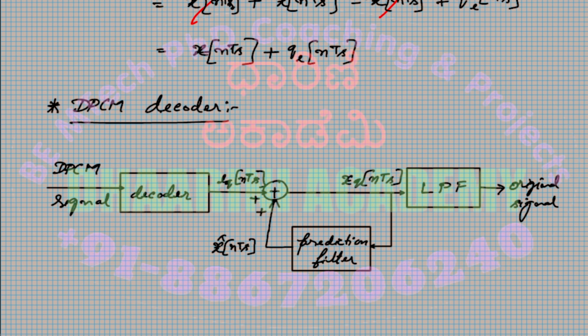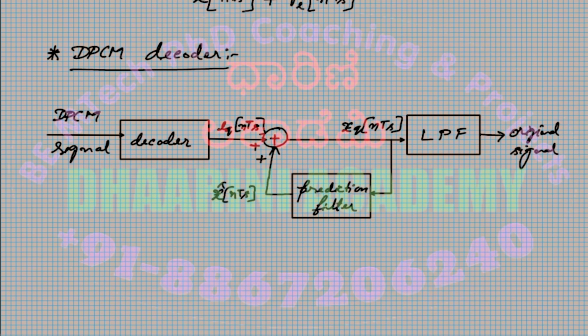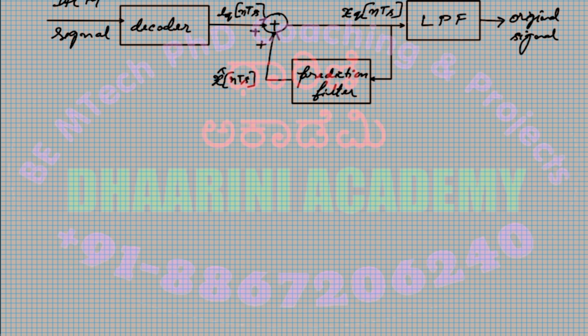Now let's quickly go through the problem. Pretty simple problems, not very difficult. Let's see the sequence. Always here you get the samples. X of n will be given, in the sense X of nTs itself will be given.